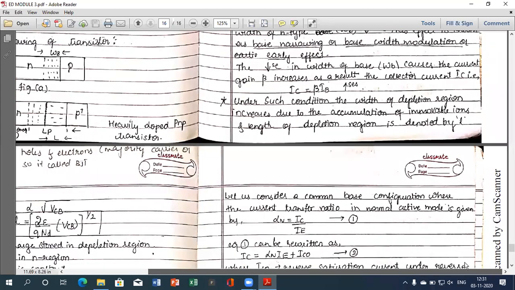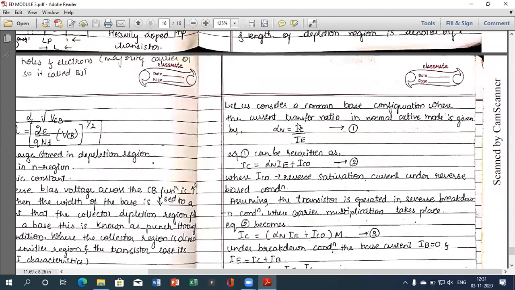In common base configuration, the current transfer ratio in normal active mode is given by alpha N equals IC by IE, because for common base configuration IE is the input, IC is the output, and the current transfer ratio is output by input current. So output current is IC, input current is IE. Alpha N represents the normal active mode of a common base configuration, which is taken as equation 1.